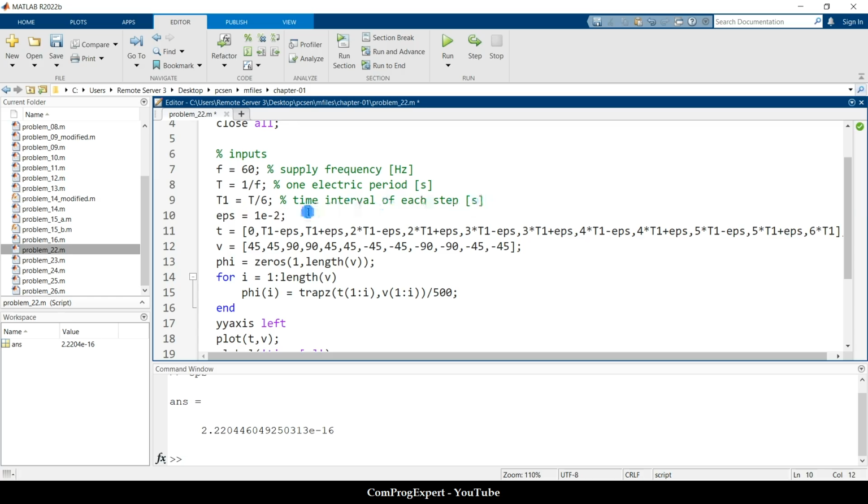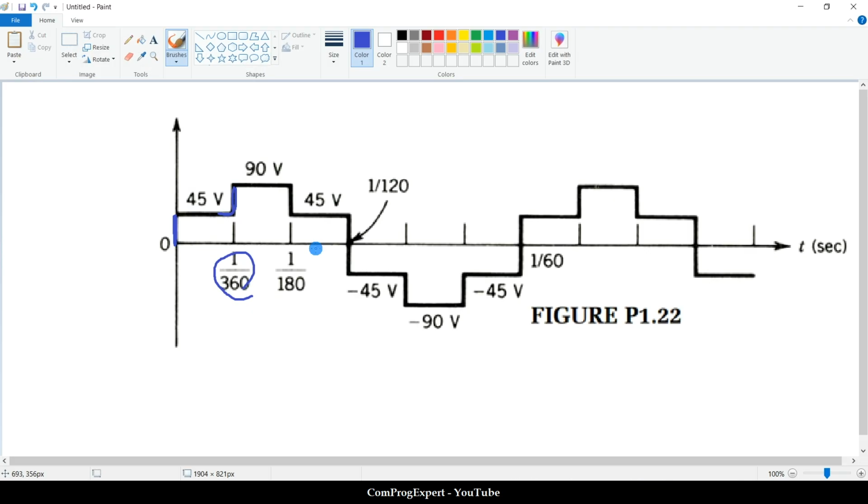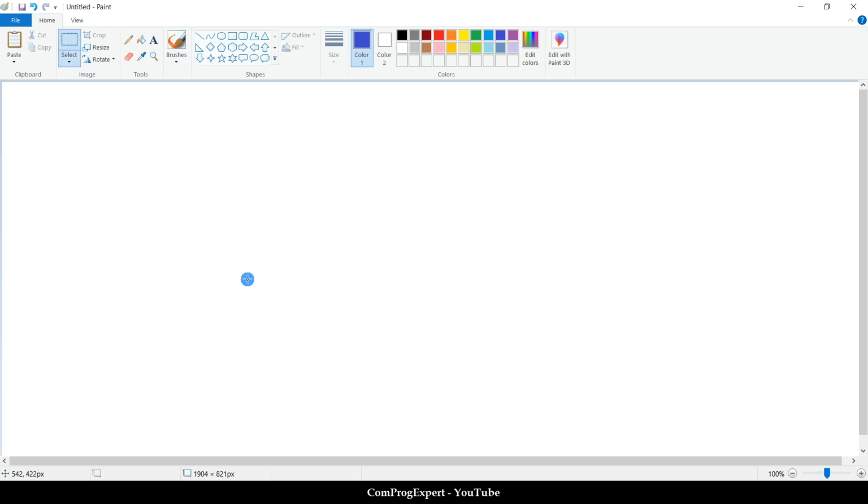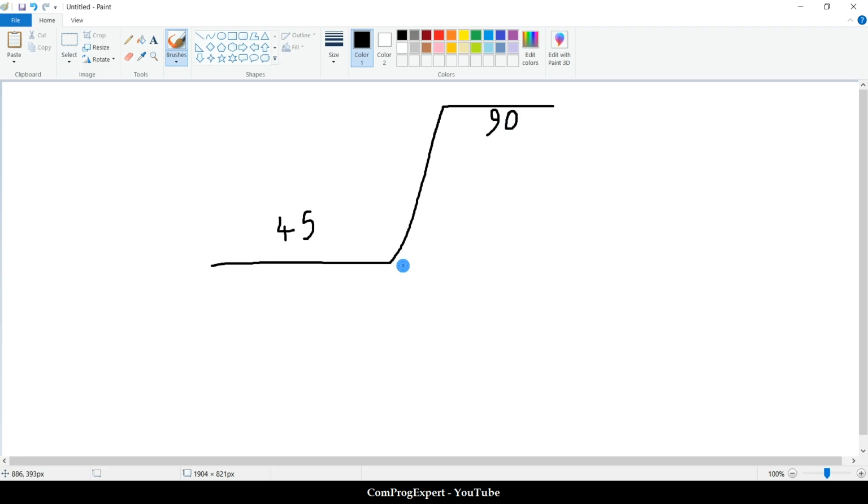What is this number? When we define a data set for this pulse function, we can use this rise. Here the value is 45 and here is 90.